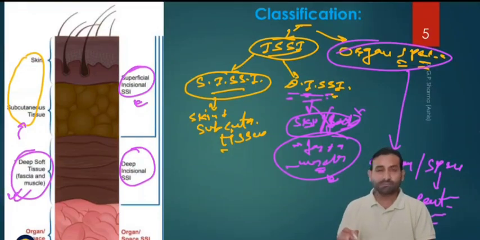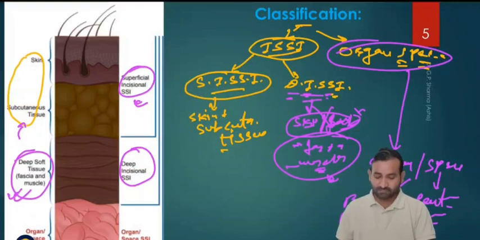Or they may involve the organs, like the bowel, directly causing bowel gangrene, right? Or enteritis. Similarly, they may involve the pancreas, pancreatitis, right? They may involve the liver, producing hepatitis, or the myocardium, right? So this kind of organ specific involvement, or body space involvement, can be another type of the surgical site infection.